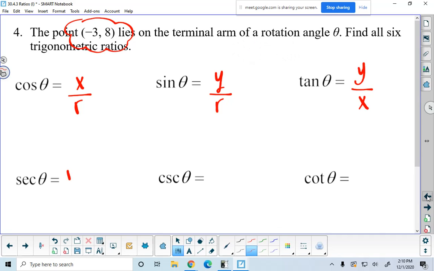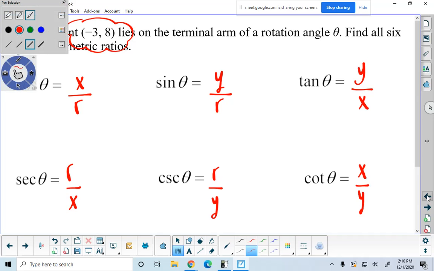It means secant will be r over x, the reciprocal of cosine. Cosecant will be r over y, the reciprocal of sine. Cotangent will be x over y, the reciprocal of tangent. We know x. We know y.